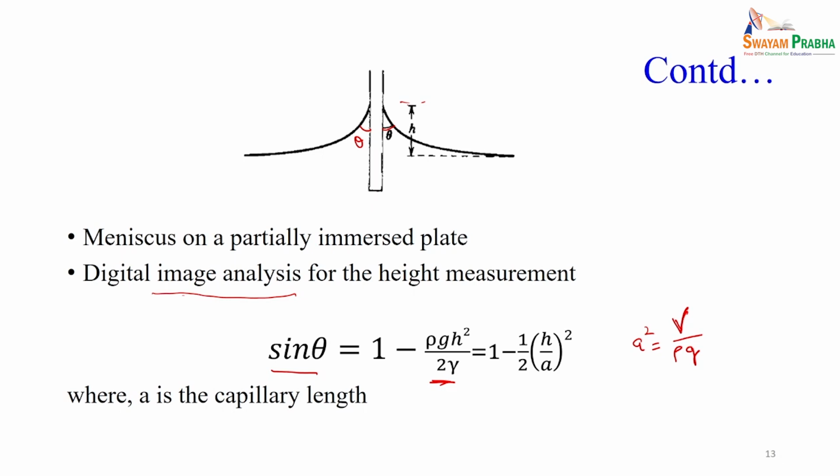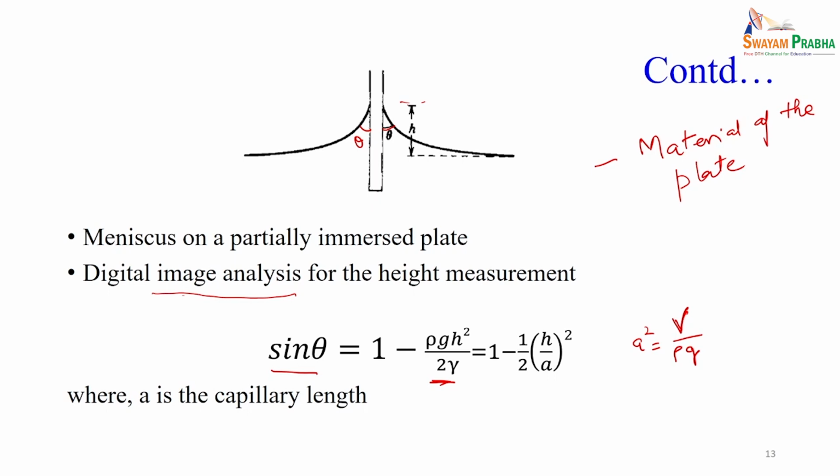We need not necessarily put a drop of liquid on the surface, but here the limitation is we cannot play much with the material of the plate, because there are two constraints.